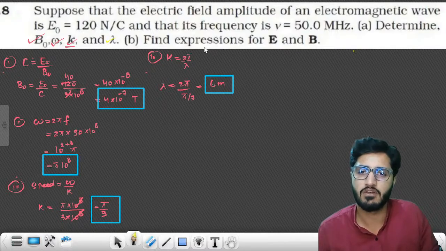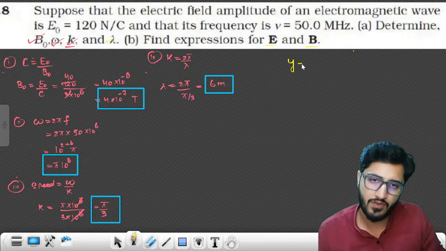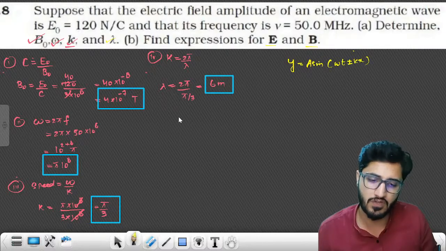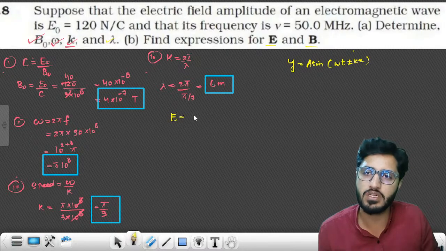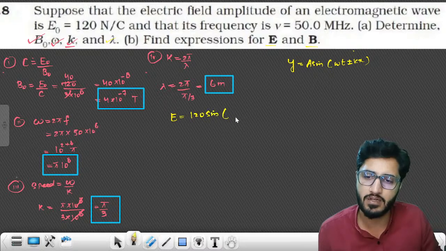So this one is done. Find the expression for E and B. So y equals A sine of omega t plus or minus K times x. First of all, E equals E naught sine, where E naught is 120. What is omega here?